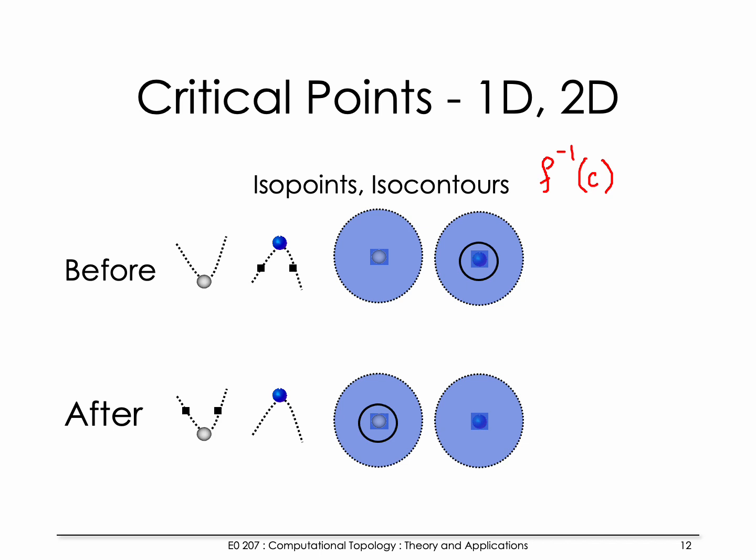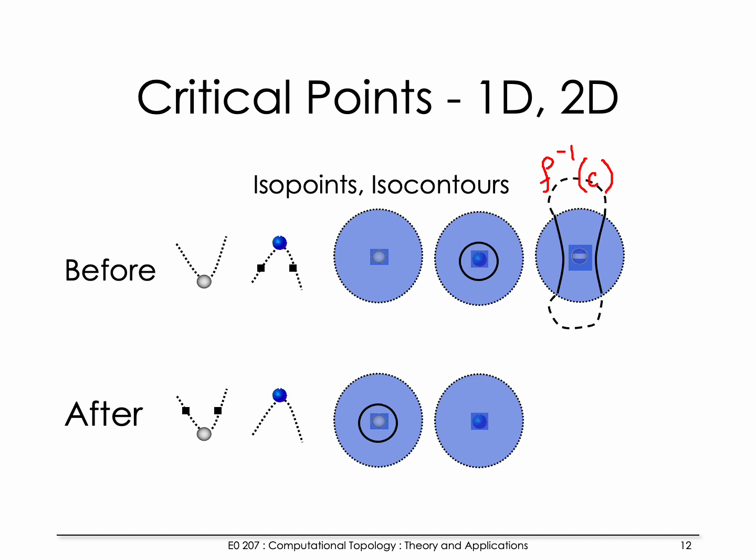What happens at a saddle? Let's look at the before picture. Let's look at only the solid part of the isocontour initially. Before I cross the saddle, the isocontour has 2 components within that disk neighborhood, right? Globally, this isocontour may have 1 component, but locally I seem to see that there are 2 components.